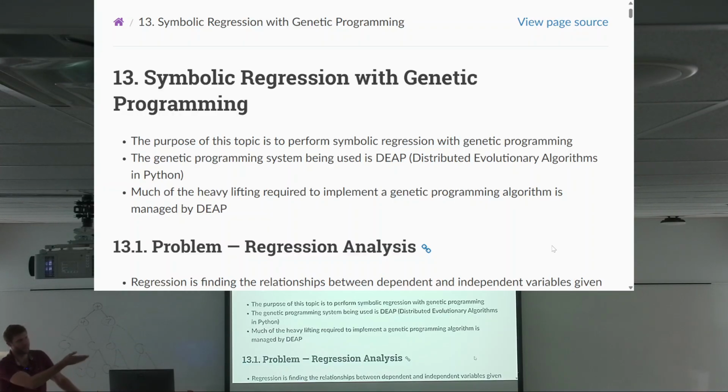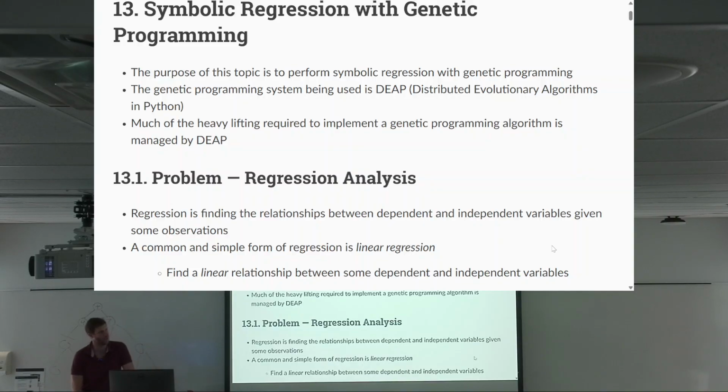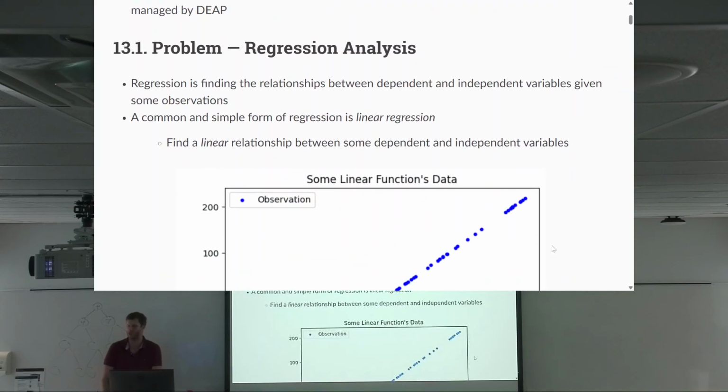So all of the examples I'm going to show you are going to be using DEAP, the thing that you're going to use. So in addition to having the DEAP tutorial, you can follow along with what I'm doing here, and you're going to get a sense of how to use it. And much of the heavy lifting required to implement a genetic programming algorithm is managed by DEAP, which is really nice. All you have to do is read the documentation.